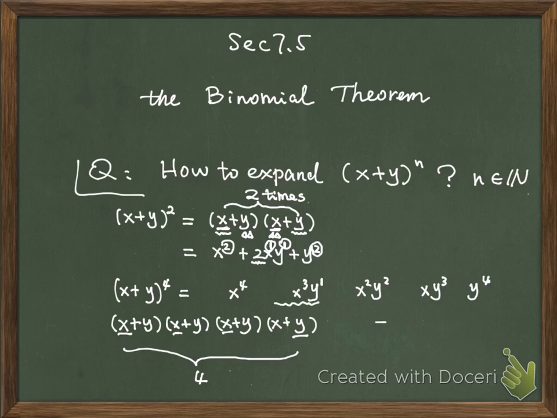Or another way to choose: if I choose parenthesis 1, parenthesis 3, parenthesis 4, then remember, for those 3 parentheses, I will take x terms there. So I could choose x here, parenthesis 1, parenthesis 3, parenthesis 4, and for the remaining one, we choose y.